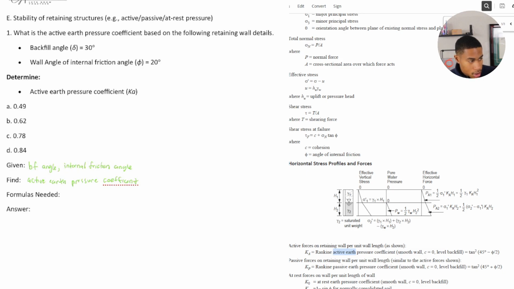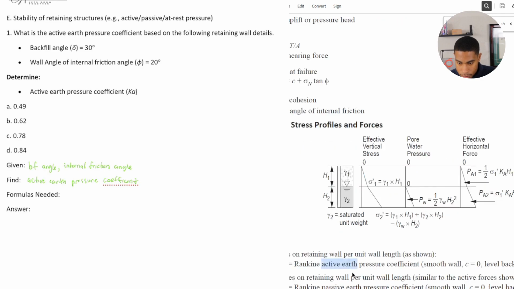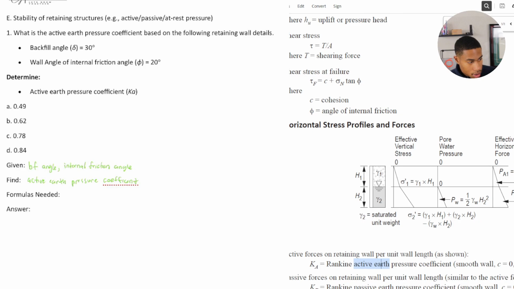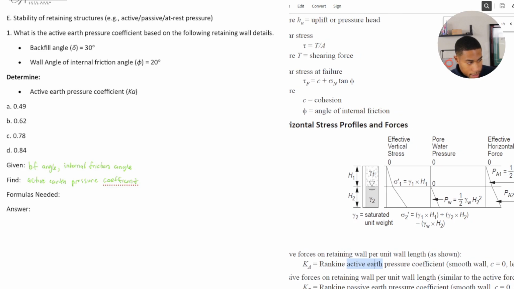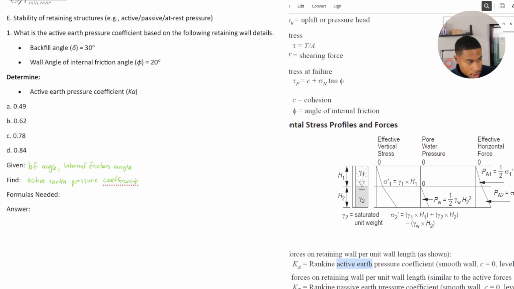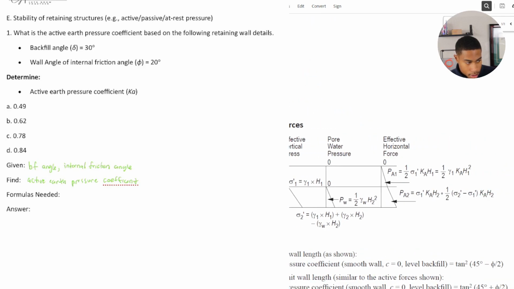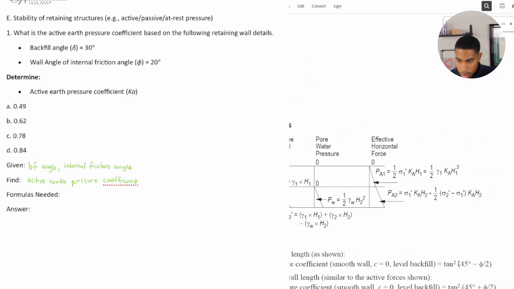Okay, so here at the bottom, we have Ka, which says it's the Rankine active earth pressure coefficient, and it is equal to tan squared, and in parentheses is 45 minus phi divided by 2.